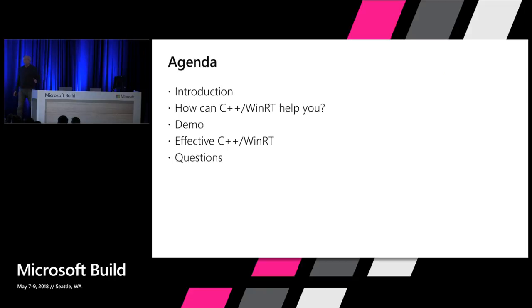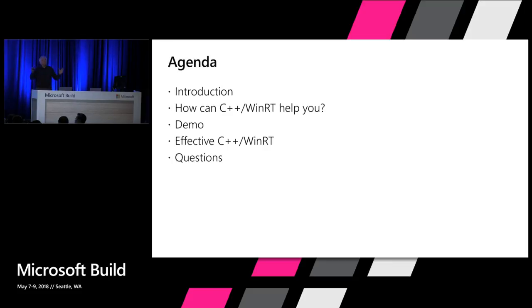So diving into it. Basically, we're going to do two levels. I'm going to give you a high-level overview of the tooling, what C++ for the Windows runtime, called CPP WinRT, can do for you, how it will help you, makes development a lot easier and a lot more efficient.